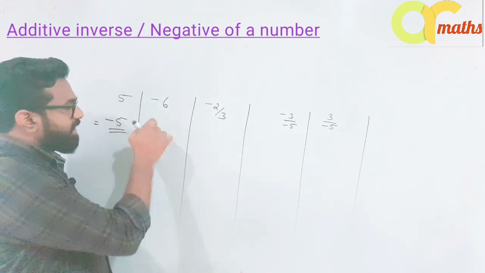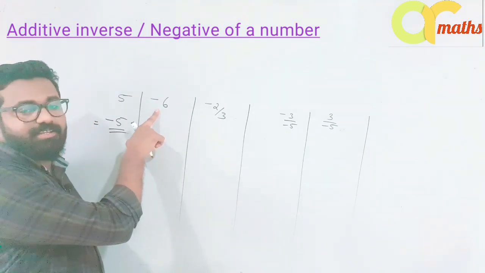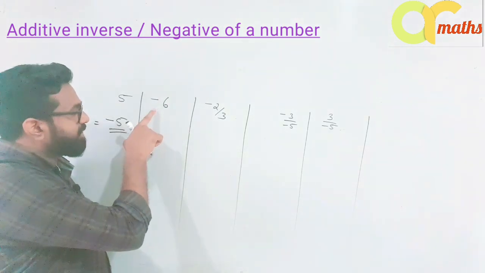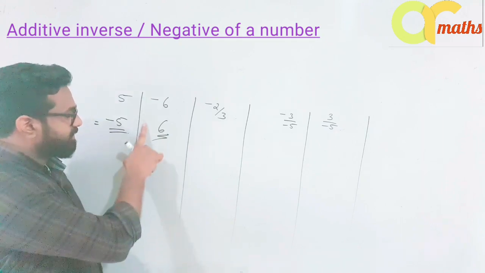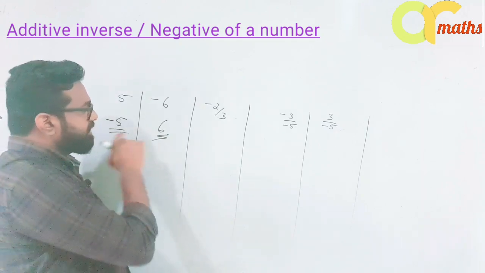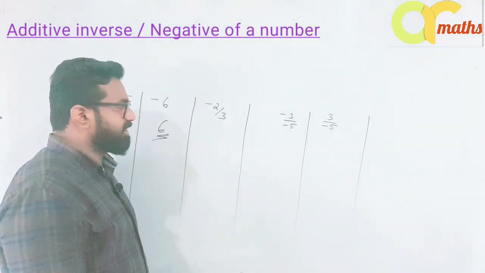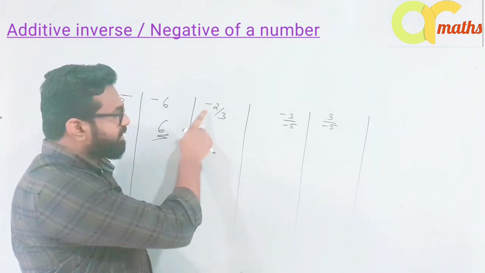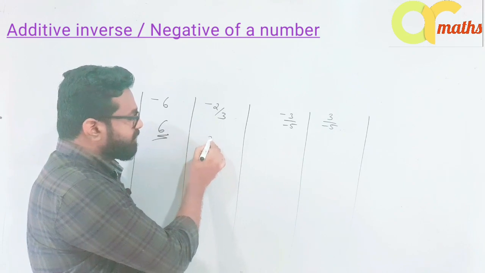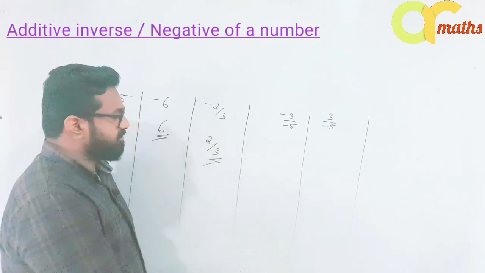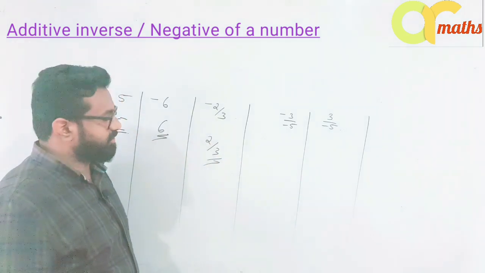Next, what is the additive inverse of minus 6? What is the opposite sign of minus 6? That is positive 6. Clear? Next, the additive inverse of minus 2 by 3. The opposite sign of minus is positive, so the additive inverse of minus 2 by 3 is positive 2 by 3.